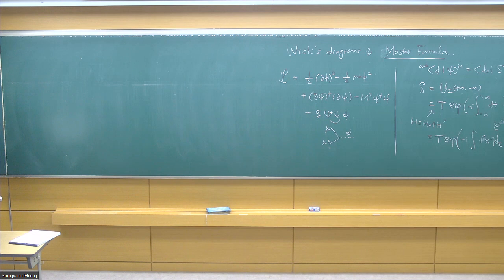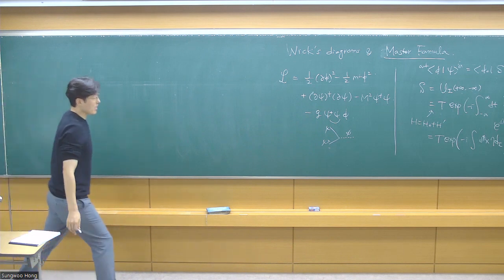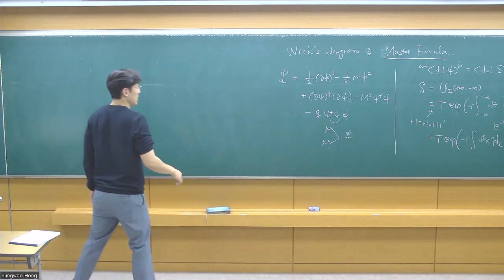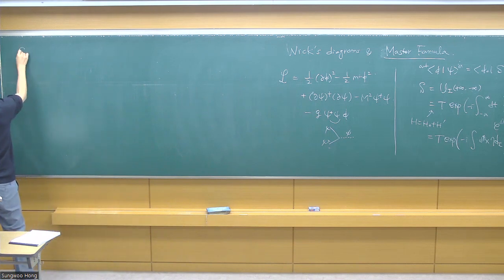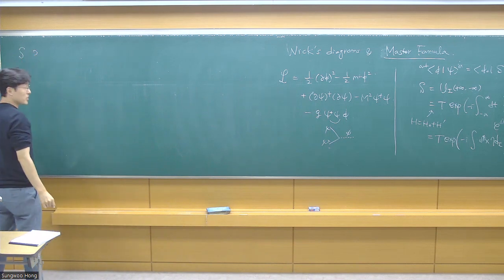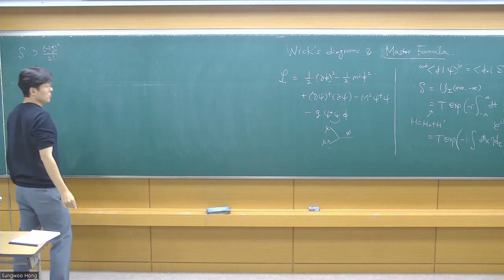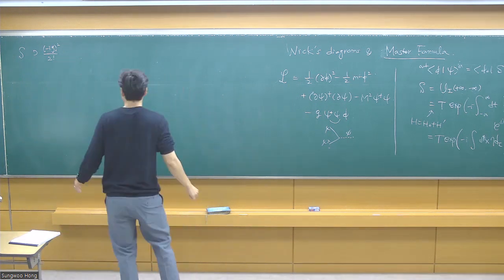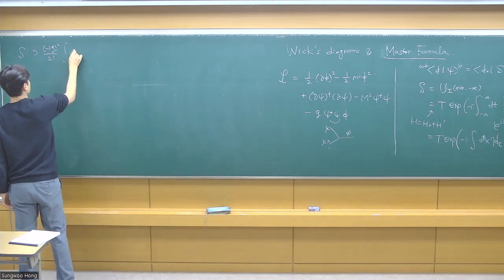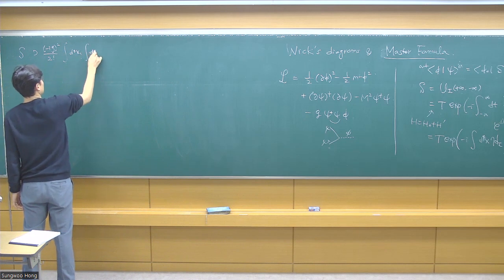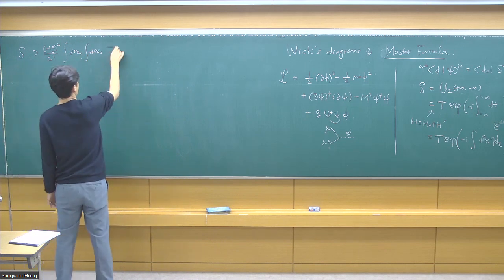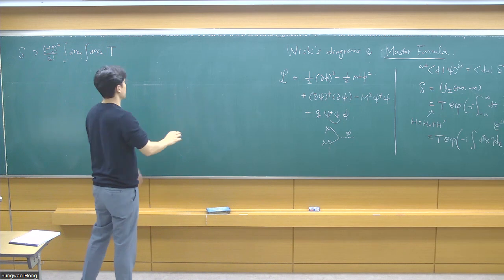All right, so let's look at it, and then let's learn some physics out of it. Okay, good. So with that expression, with this example in mind, now let's look at the second order. The S operator, to second order in perturbation theory, is -ig squared over 2 factorial, because I'm doing the expansion of the exponential, and then you have the integrals over x1, x2, then time ordering. So I just move the time ordering in.